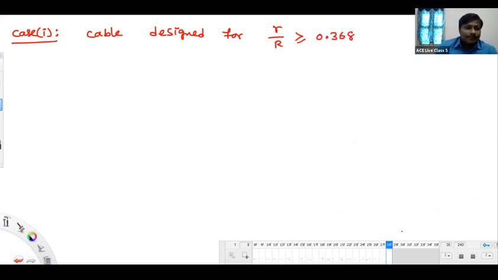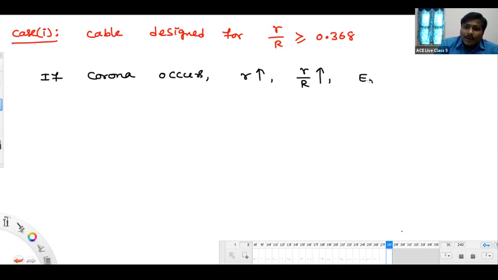Both unstable cases I'm writing in one place. If corona occurs, what will happen? Small r increases, small r by capital R increases, E is increasing. Corona may extend. Cable may be damaged.